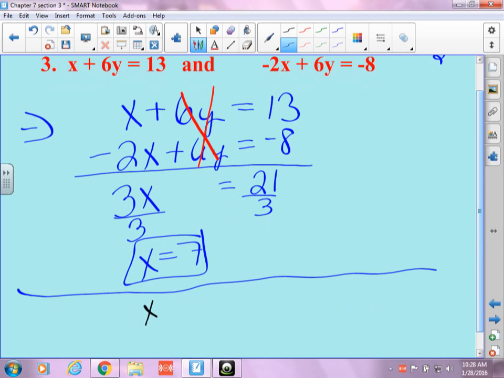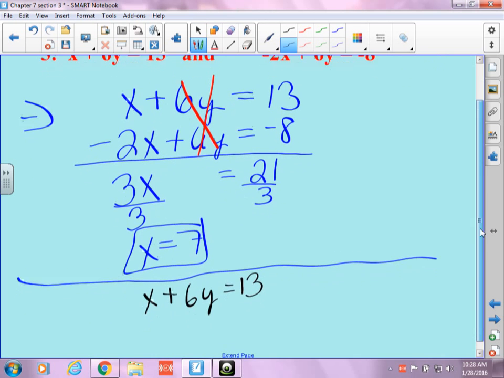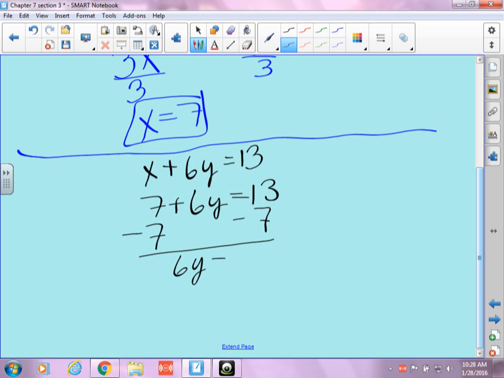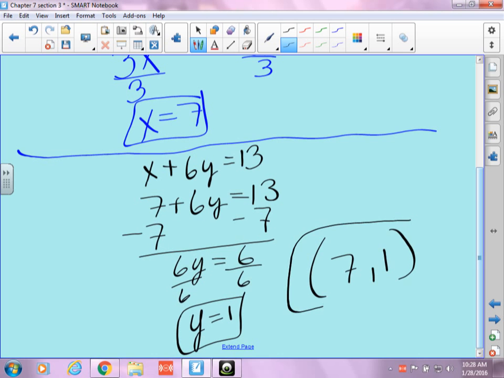Plug it in, right? And they generally come out pretty nice.